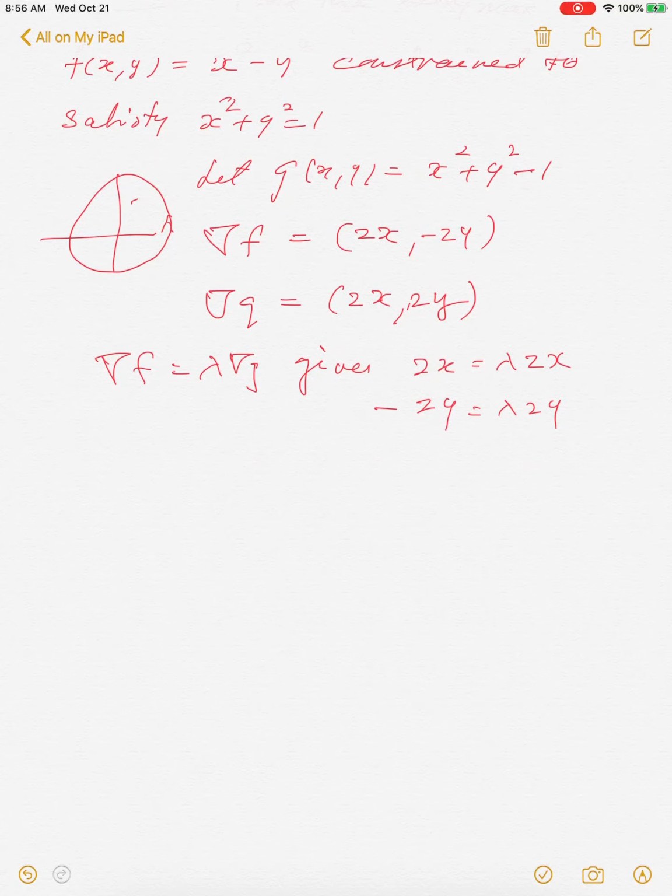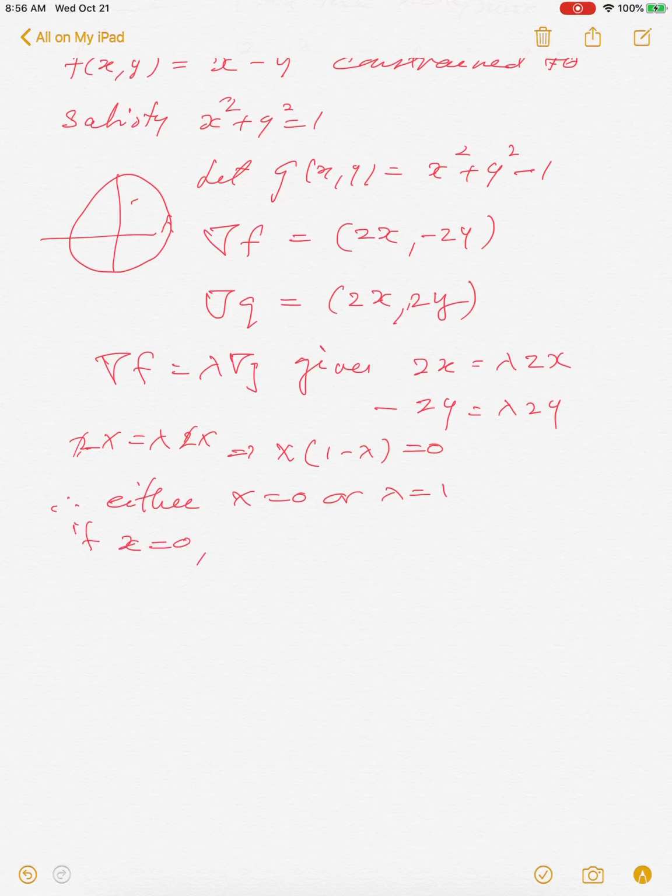So let's look at the first equation. 2x = λ·2x, the 2 and 2 cancel. If you bring everything on one side, x(1 − λ) = 0. Therefore either x is 0 or λ = 1.